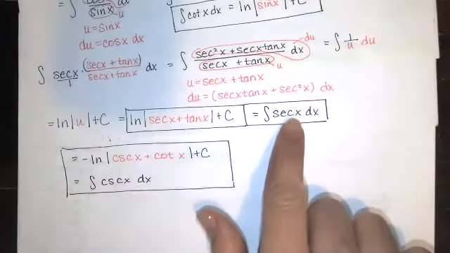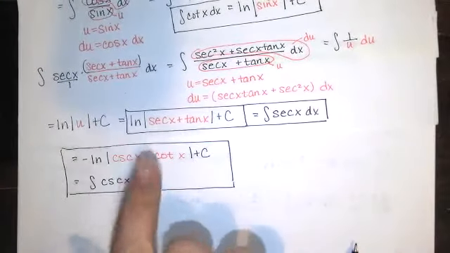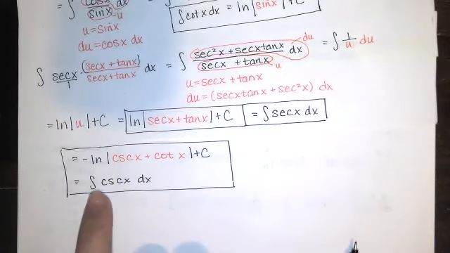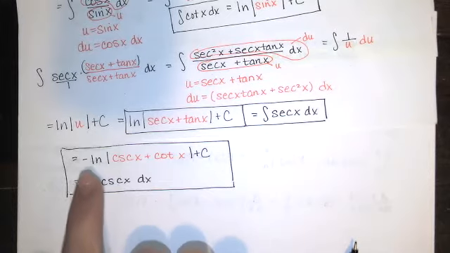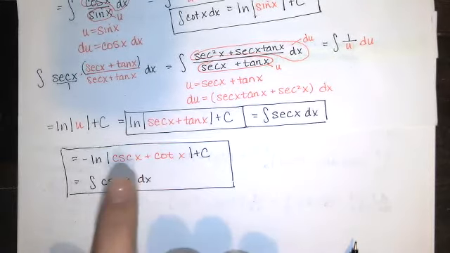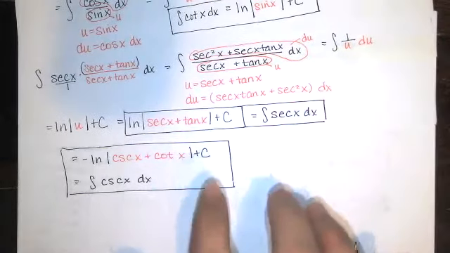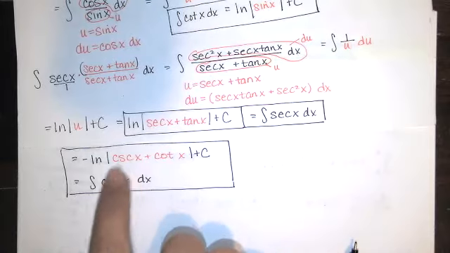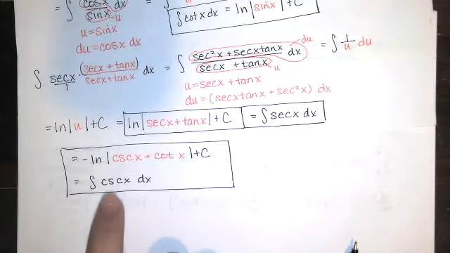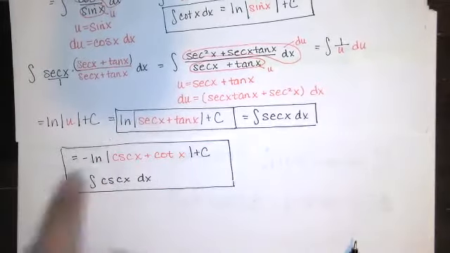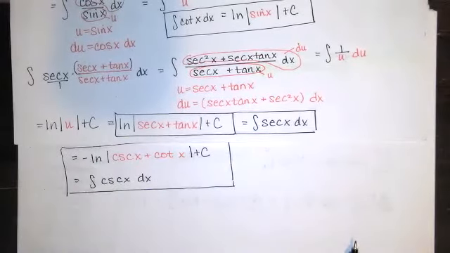The antiderivative of secant is natural log of the absolute value of secant plus tangent. The antiderivative of cosecant is negative natural log of the absolute value of cosecant plus cotangent. It looks the same, it's very similar. Just replace all the secants with cosecants, replace the tangents with cotangents, and the identity that involves the co-functions gets a negative. And that's very common.